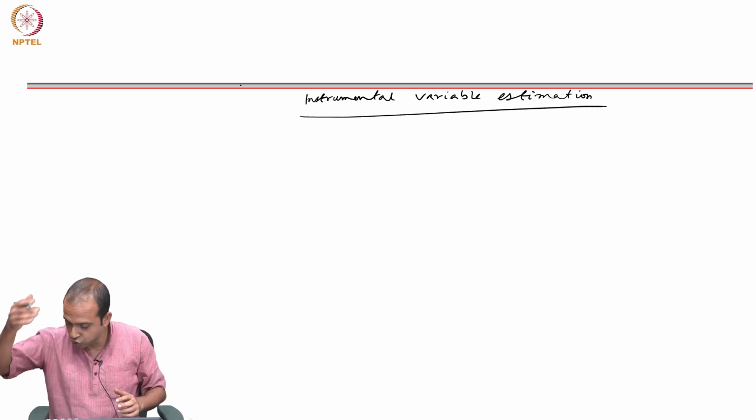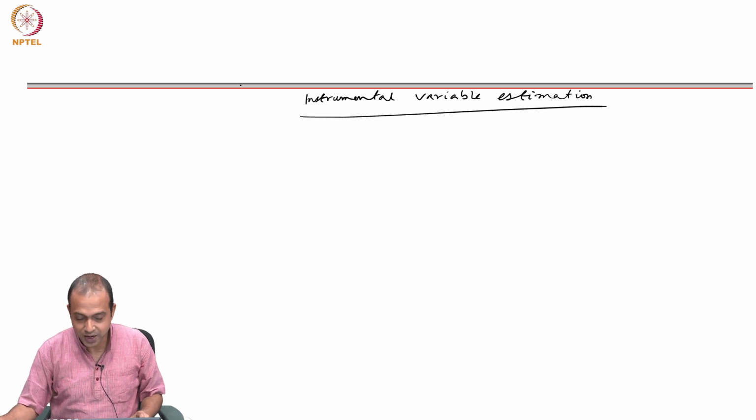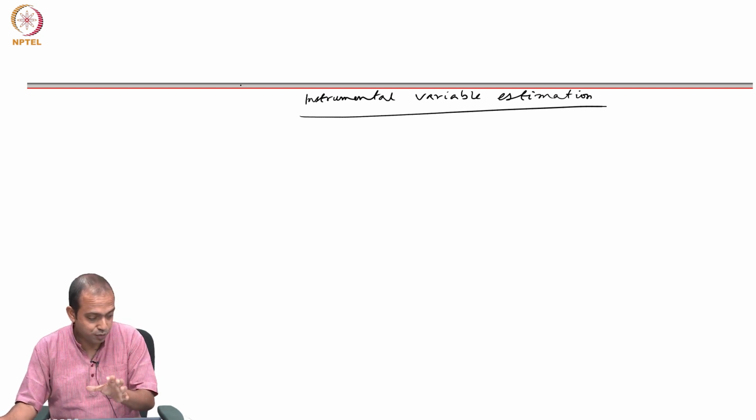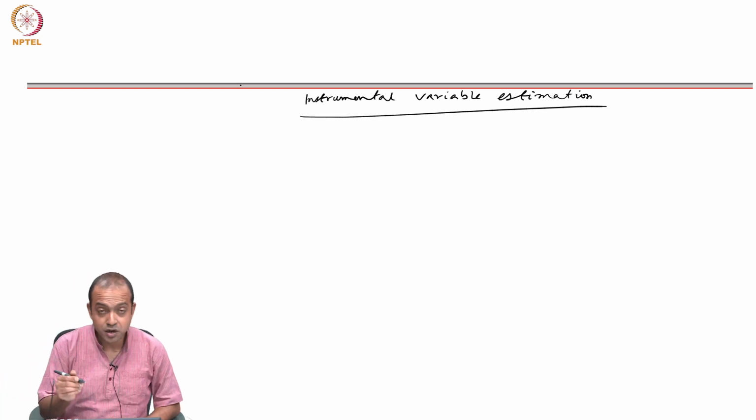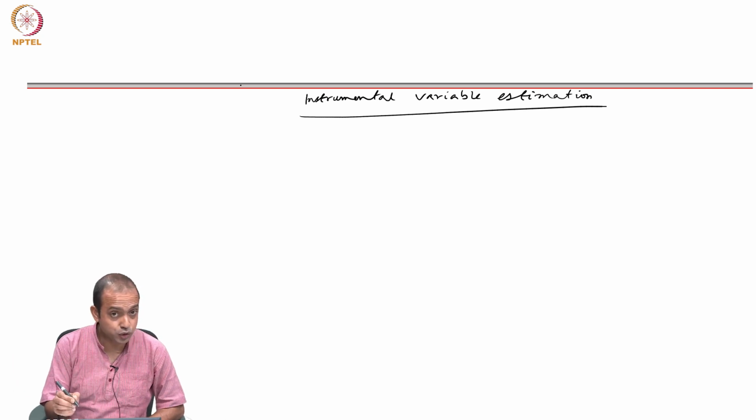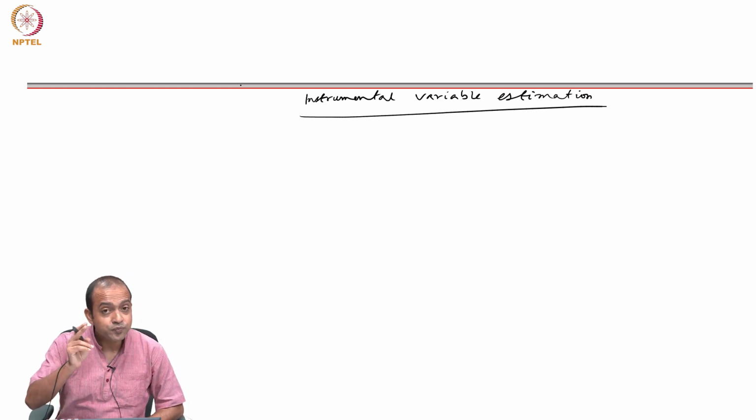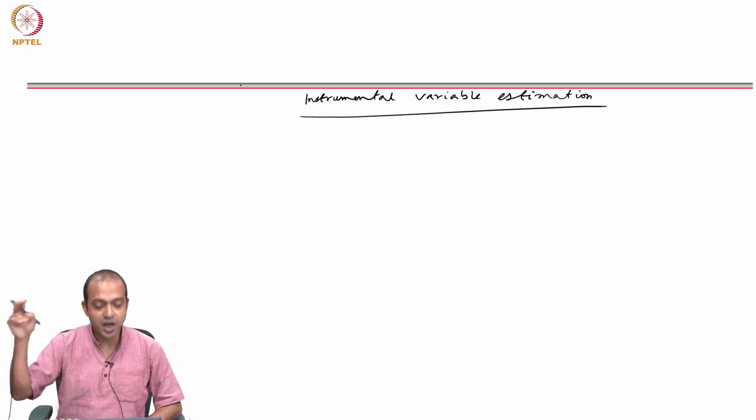Now I assume that some of the explanatory variables are actually correlated with the error term. That will lead to an endogeneity condition, and endogeneity means we need to apply the instrumental variable approach. We need to find an instrument, let's say Z, which will be highly correlated with the endogenous variable but not at all correlated with the error term.